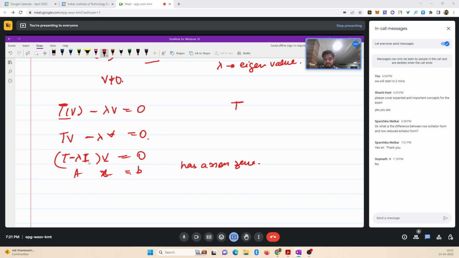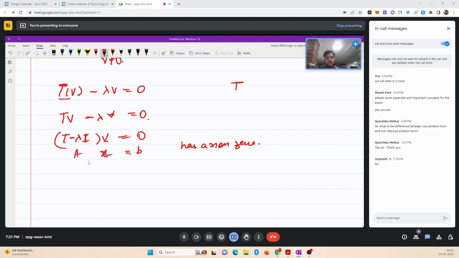Now if you have a system of equations Ax is equal to b where b is 0, that is Ax is equal to 0, then x is equal to 0 is always a solution for this kind of system, right? So if you want a non-zero solution, the only option you have is that Ax is equal to 0 must have infinitely many solutions.